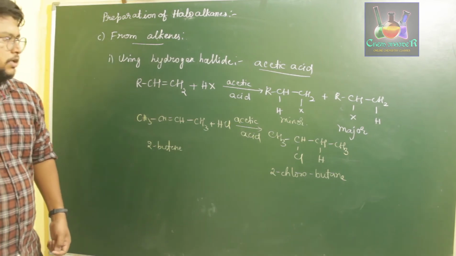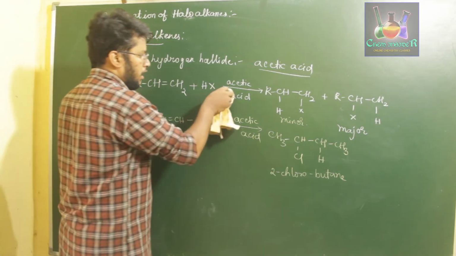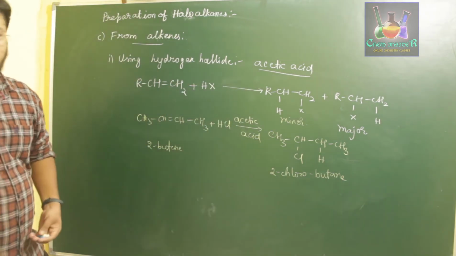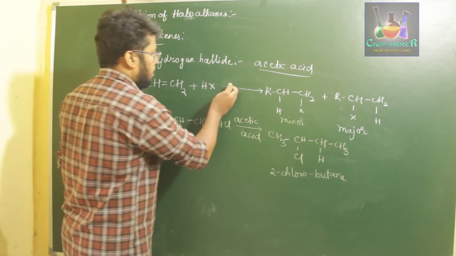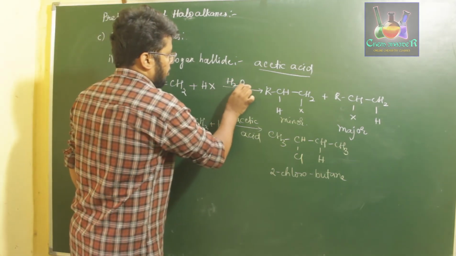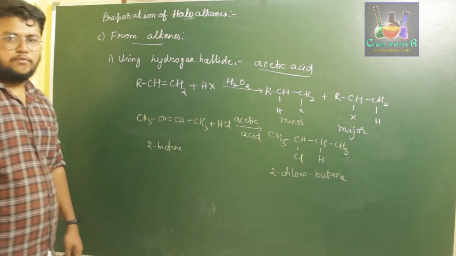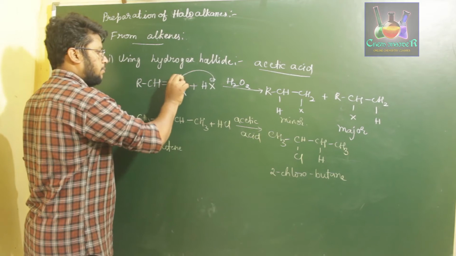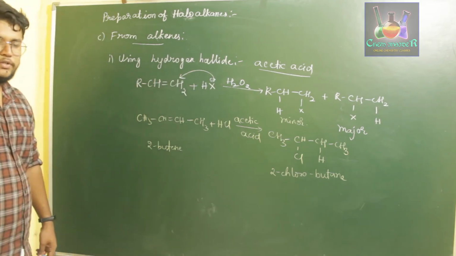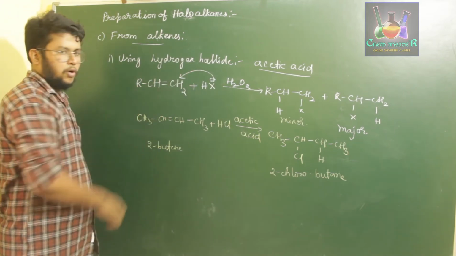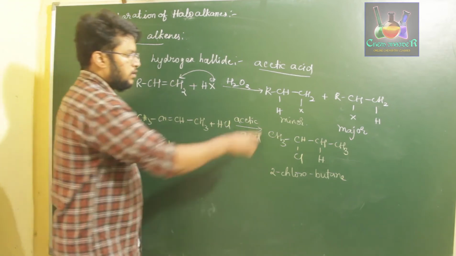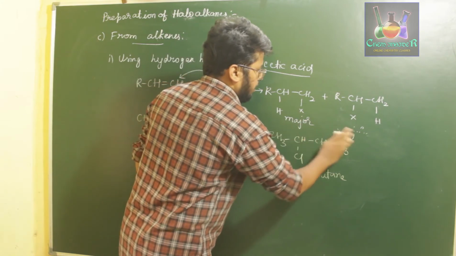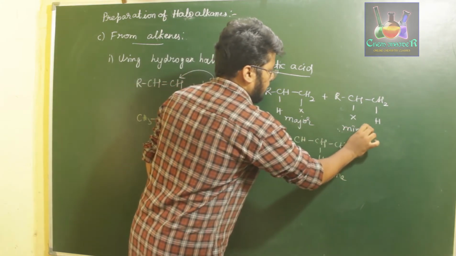Then the halogen will be attached to that carbon which has a higher number of hydrogen atoms and is also involved in a double bond. So we'll get this compound as the major product and this will be our minor product.